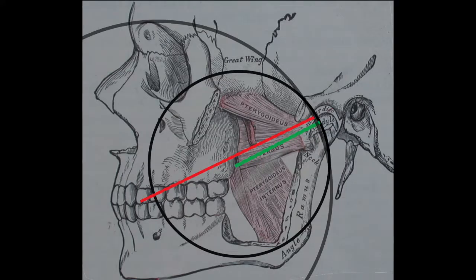There are 2 fulcrums around which this rotation is occurring. First is the VHF, as depicted by the red line. Second is the origin of the most inferior fibers of the inferior head of the lateral pterygoid.